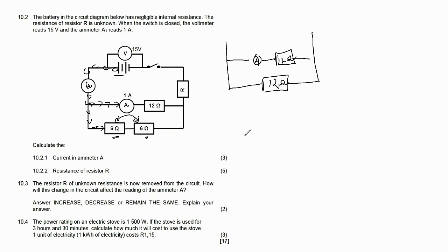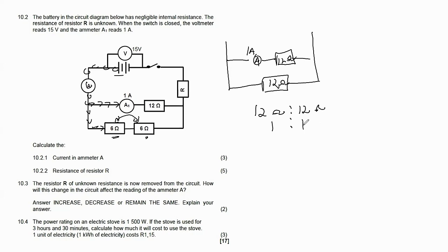Now at this point we do know that if A1 is reading a current of 1 ampere, and these 2 resistors are connected in parallel but are of the same magnitude, then if we have to consider ratios, that's 12 ohm to 12 ohm, they will end up sharing the same ratio of 1:1, which will be telling us about the current.